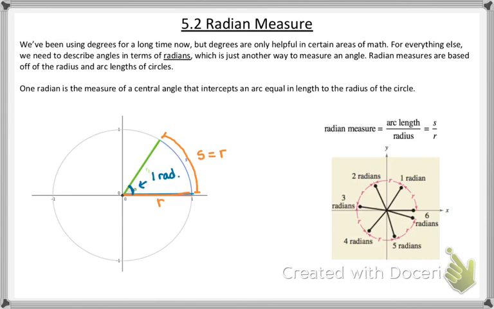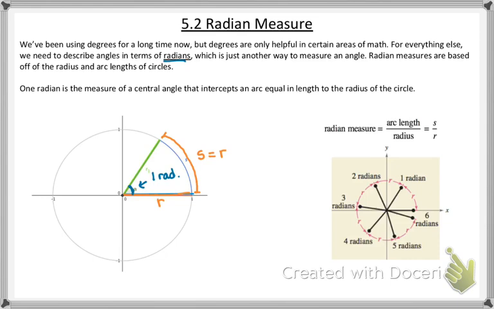The word radian can be shortened to RAD. So 1 radian is when we can fit exactly 1 radius in the arc, then the measure of that angle we consider to be 1 radian.